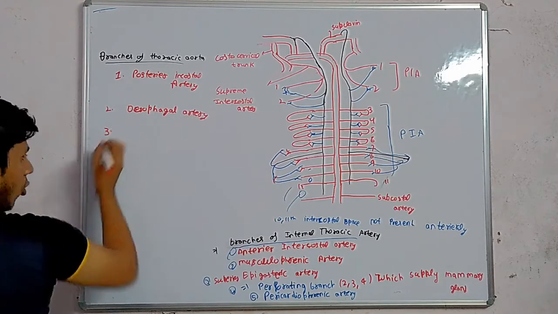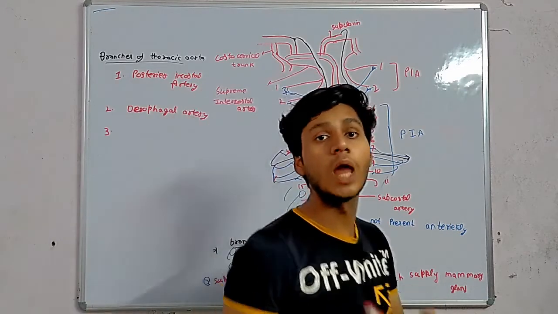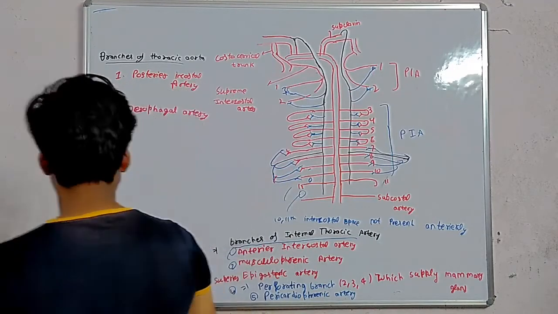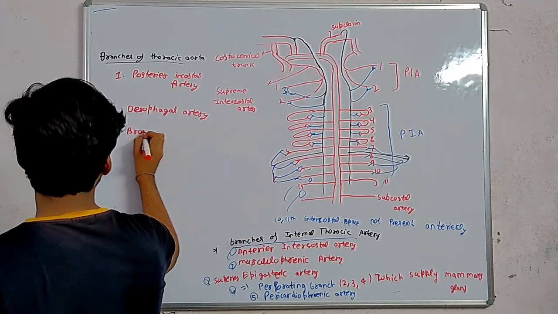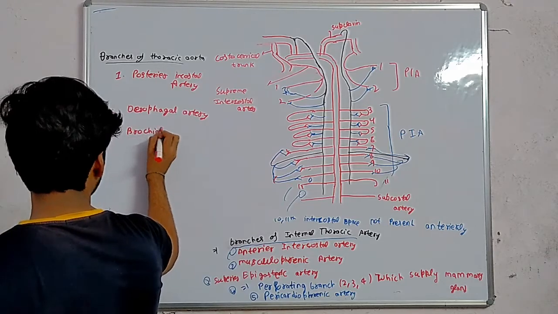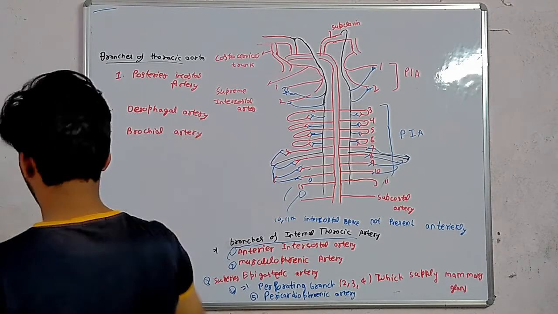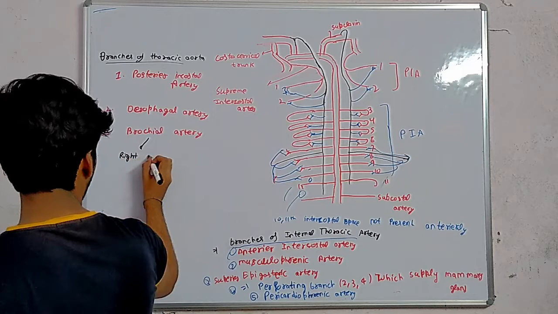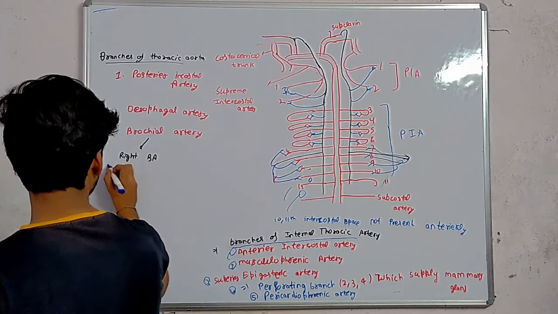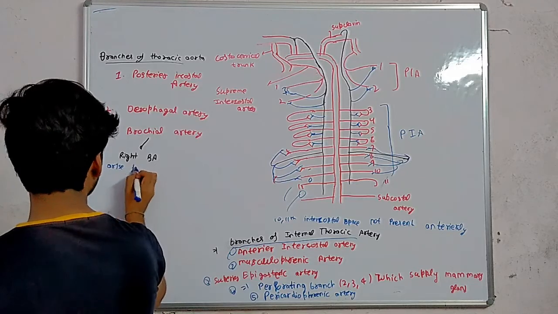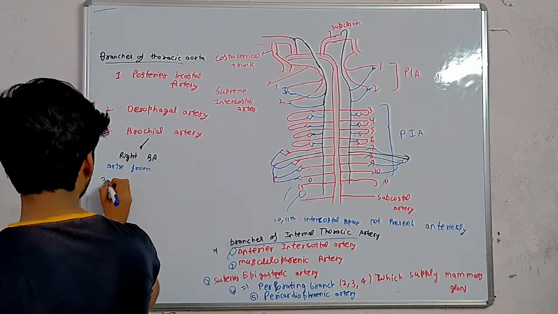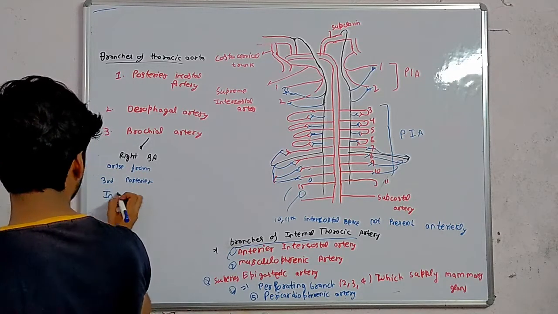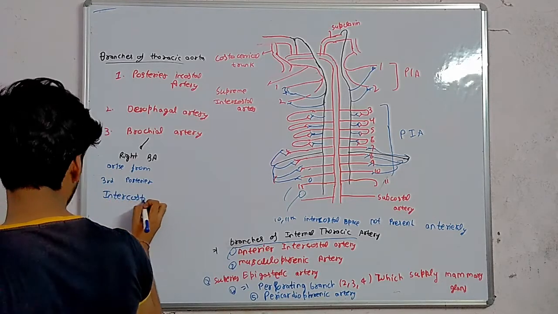Bronchial arteries are arteries which go into the lungs to supply the tissues of the lungs. The bronchial artery has something important. The right bronchial artery arises from the third posterior intercostal artery.